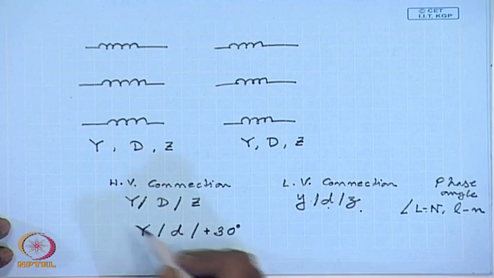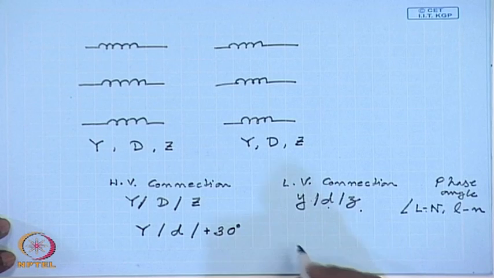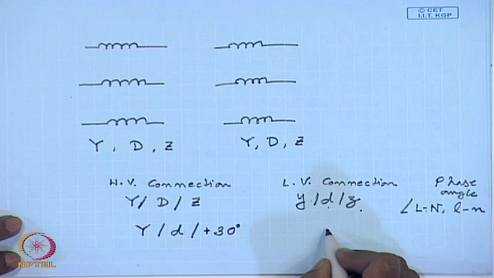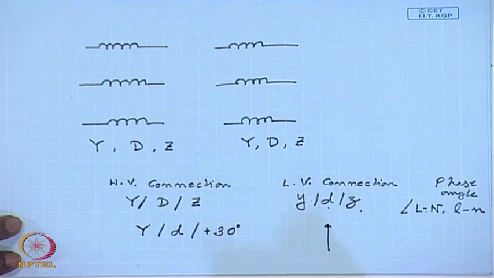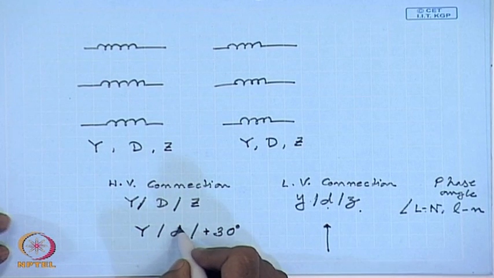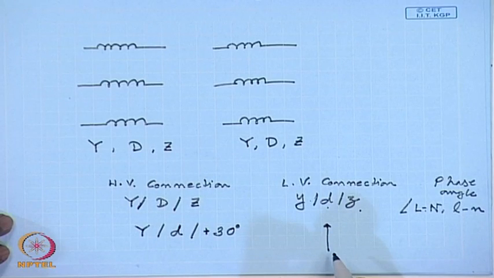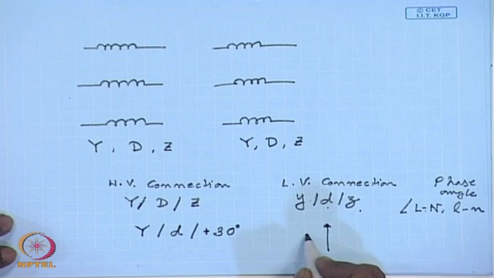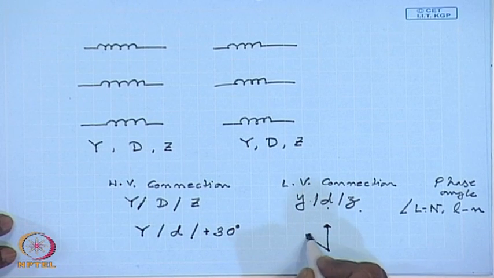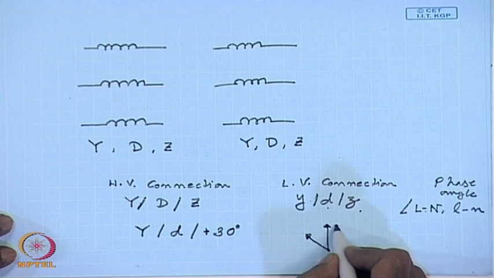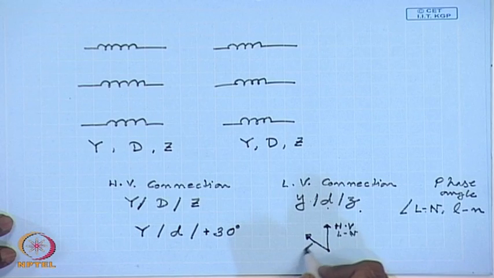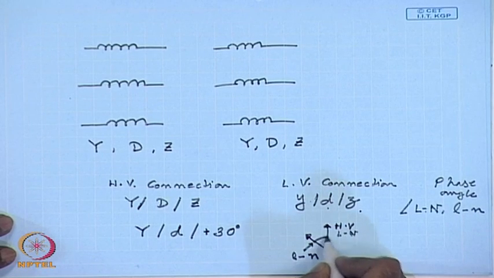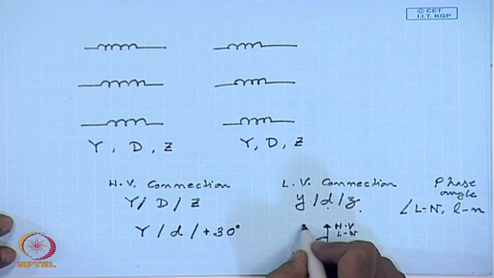the high voltage is star connected, the low voltage is delta connected, and the line to neutral phasor of the low voltage winding leads the high voltage line to neutral phasor by 30 degree.